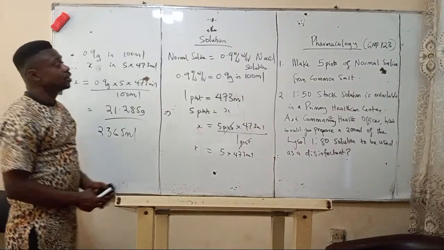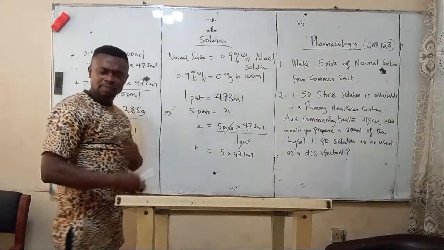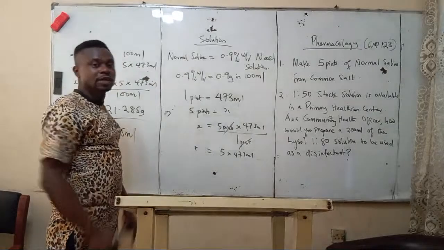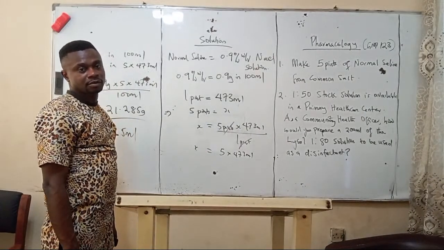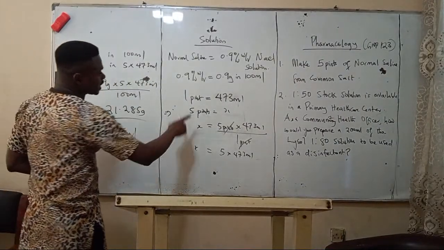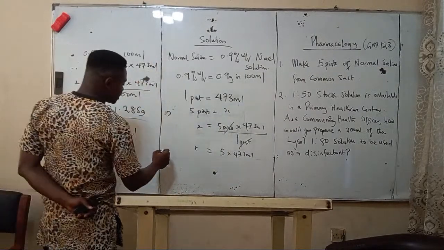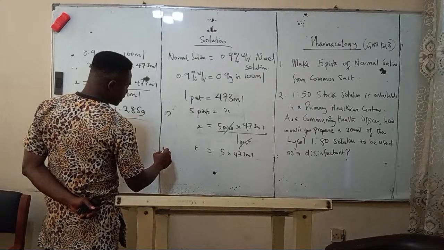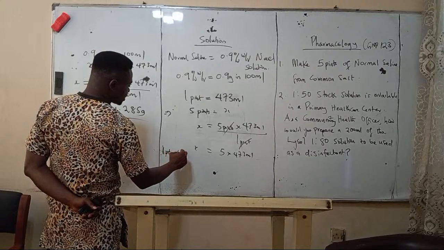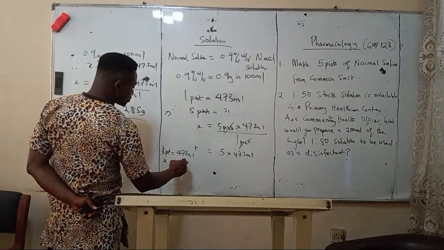Remember, I said that you can also, if you want, convert this 100 ml to pints. Any of them is fine. Let's see whether it will give us the same answer. Since we have already established that 1 pint is 473 ml, how many pints will 100 ml be?